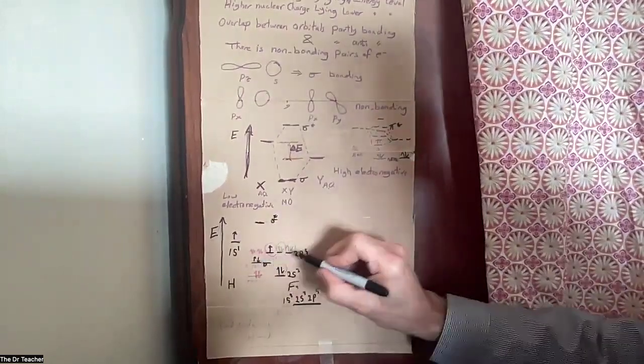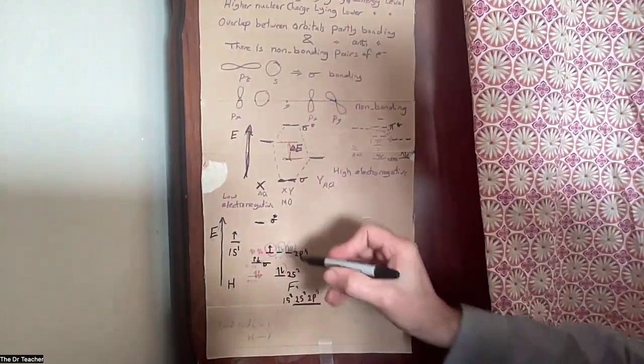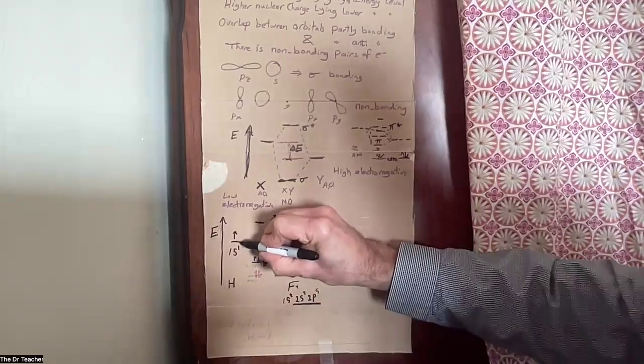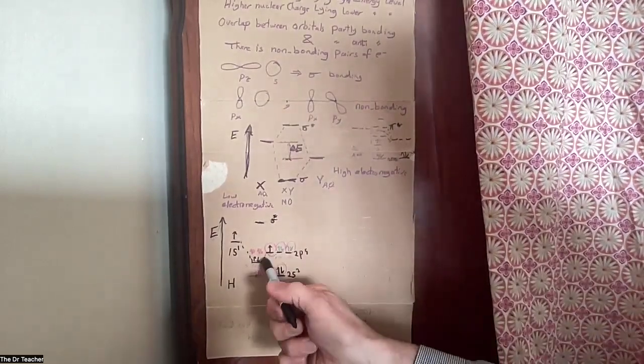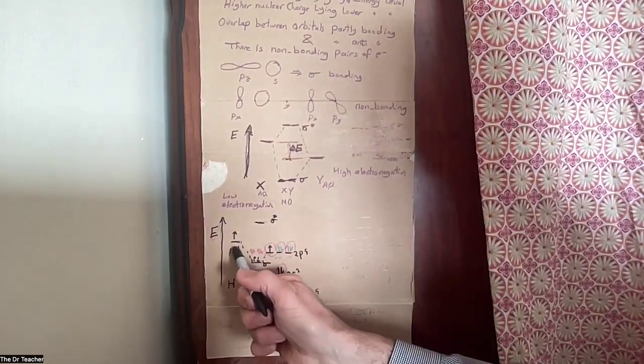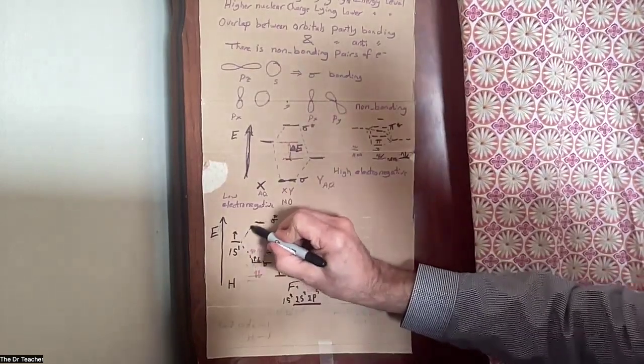So these 2 and 2 came from the same energy level, I left them. But here, this one with this one, electrons formed sigma bonding. This is s with pz. This sigma bond formed by overlapping s with pz, okay, and forming antibonding.